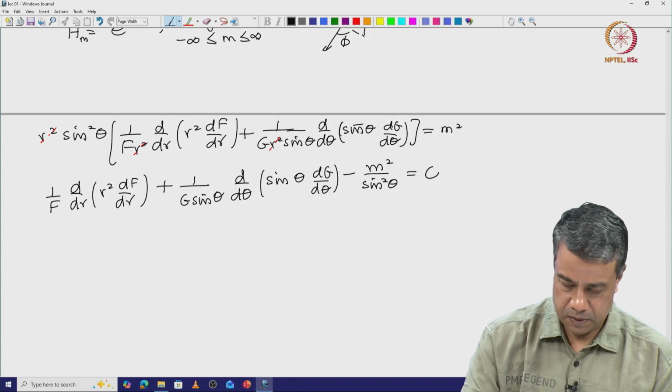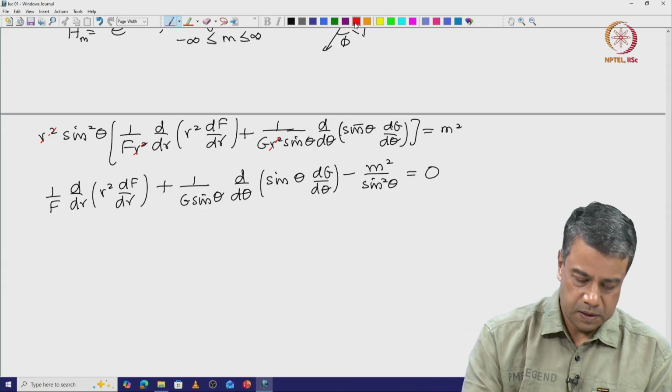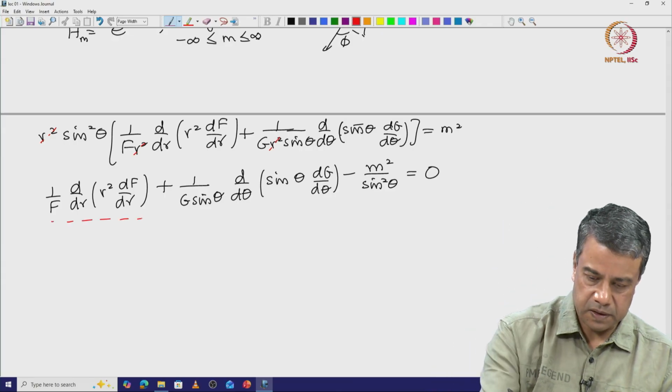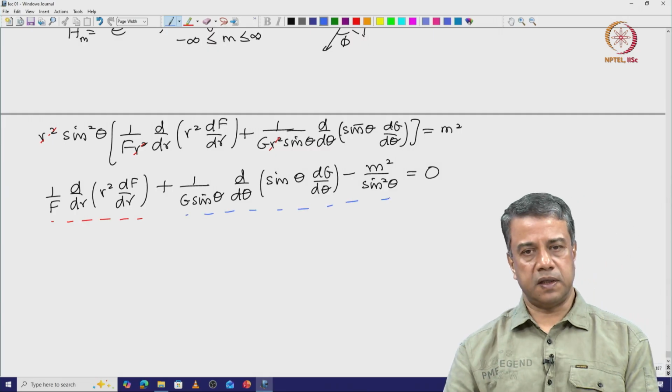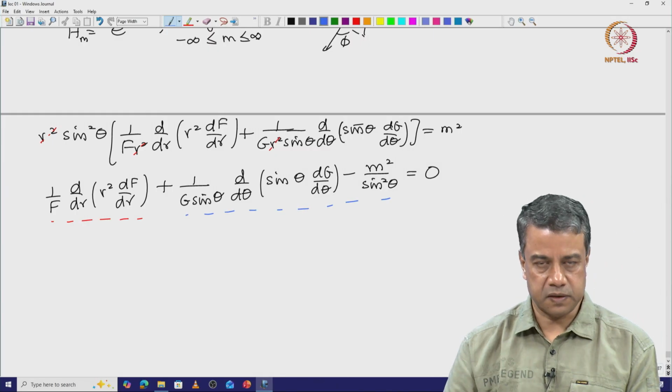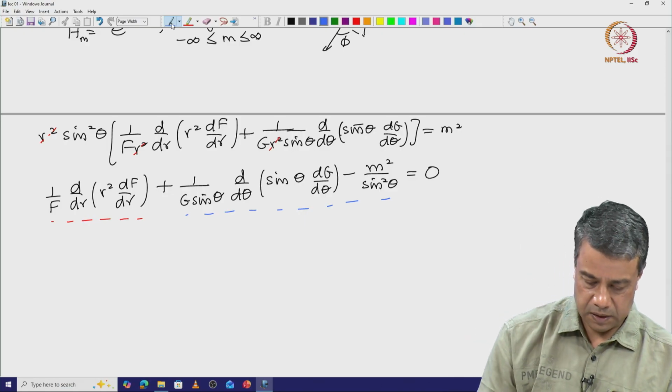This is equal to 0. The first term is only a function of r, the other two terms are only a function of theta. Therefore, both have to be constants. Let us look at the theta equation once again.